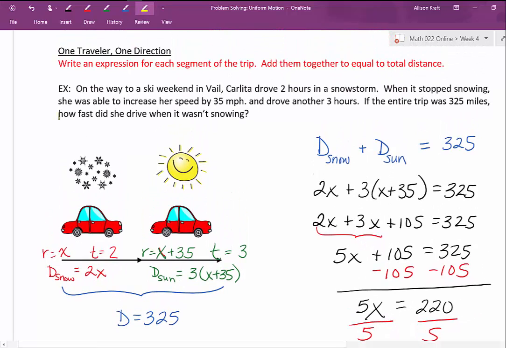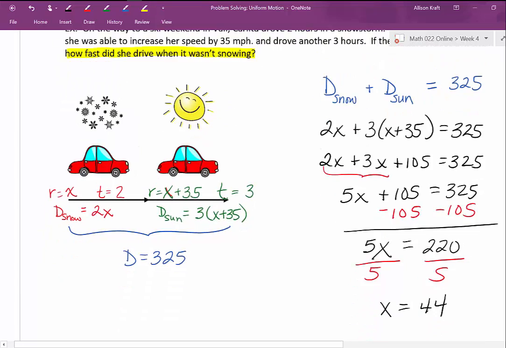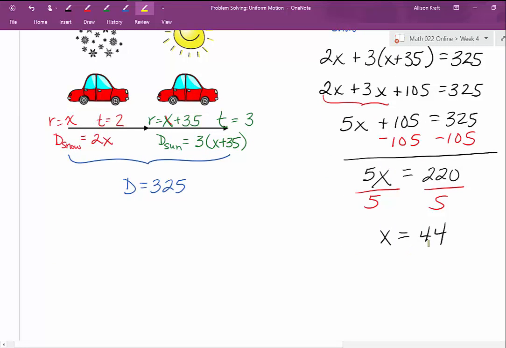They are asking us, how fast did she drive when it wasn't snowing? x, which is what we solved for, represented the rate when it was snowing. The rate when it wasn't snowing is 35 more than that. So let's answer the question.